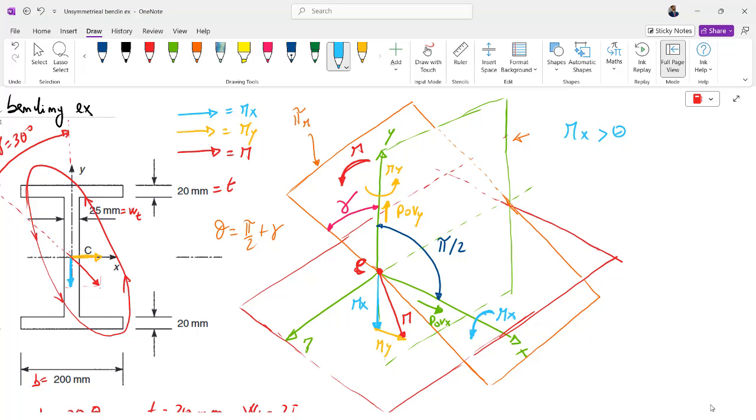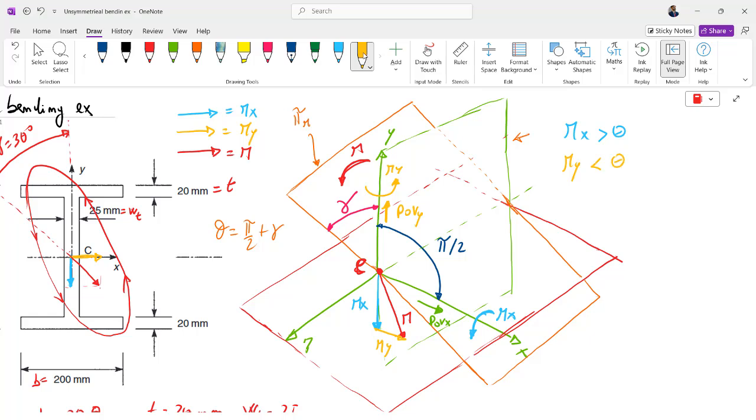So for our convention it is positive. But if I look at My from the point of view of y, this moment appears to be counterclockwise. So for our convention, My is negative.